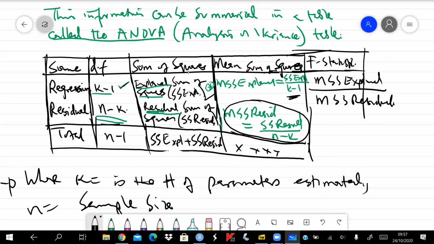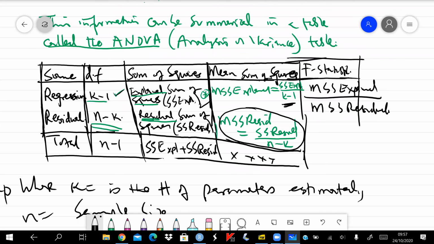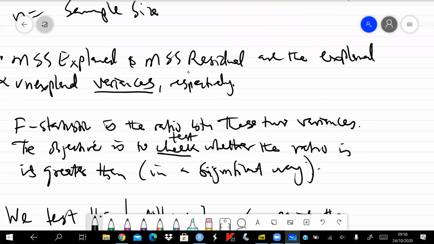If you look at the mean sum of square explained and the mean sum of square residual, you notice that each one of them has a divisor. These divisors correspond to what we are calling the degrees of freedom, because this is our numerator and this is our denominator. The denominator has this divisor and the numerator has this divisor. So those are the degrees of freedom in each case.